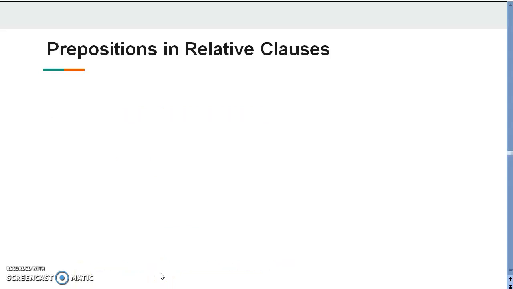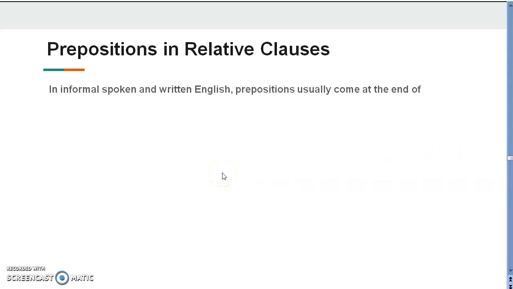Another important part is prepositions in relative clauses. This is all about verbs taking prepositions, such as wait for, talk about, look after, work in. Here we have different places where we can use these prepositions.